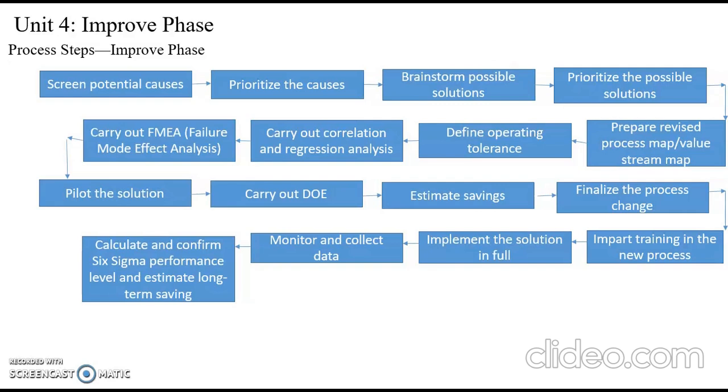It is important that all concerned understand the sequence of implementation and agree on the time frame. This is about implementing the solution. That means after the training, you should inform the customer that we are changing these processes.